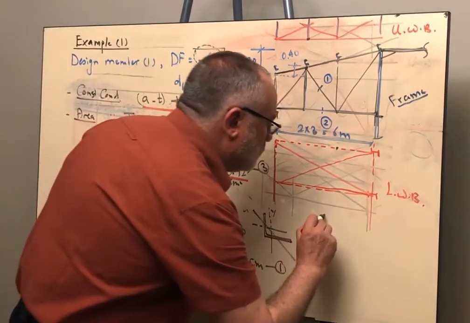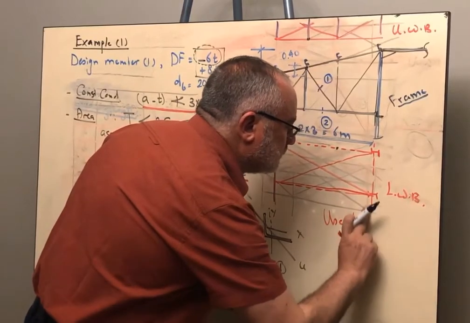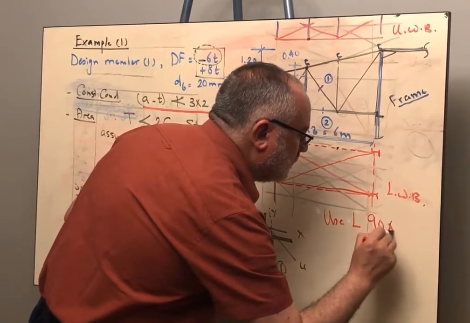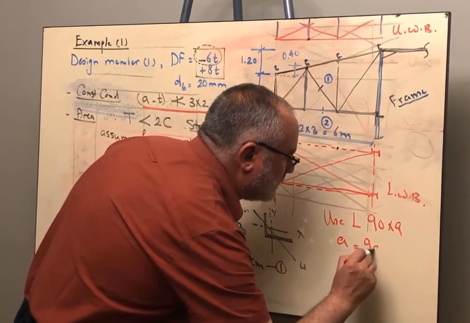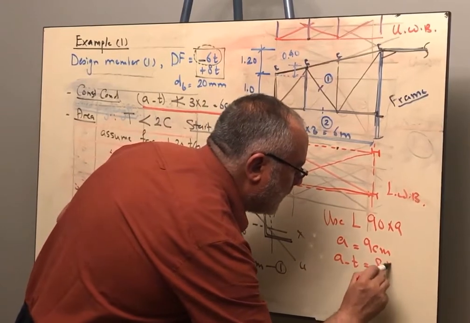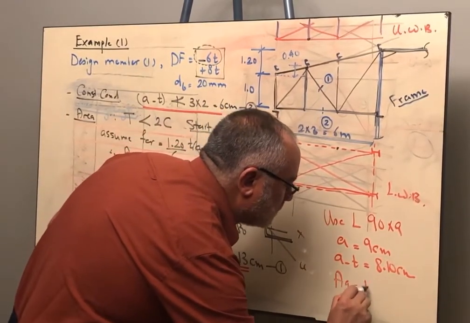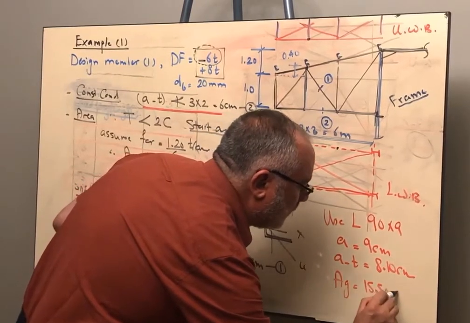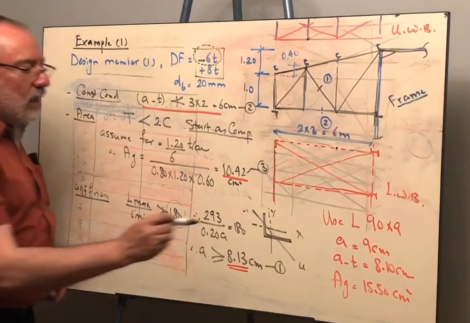Therefore, we are going to use one angle 90 by 9. The value of A is 9 centimeter. The value of A minus T is 8.1 centimeter. And area gross is 15.5 centimeter square. If you check here, this is our selection.